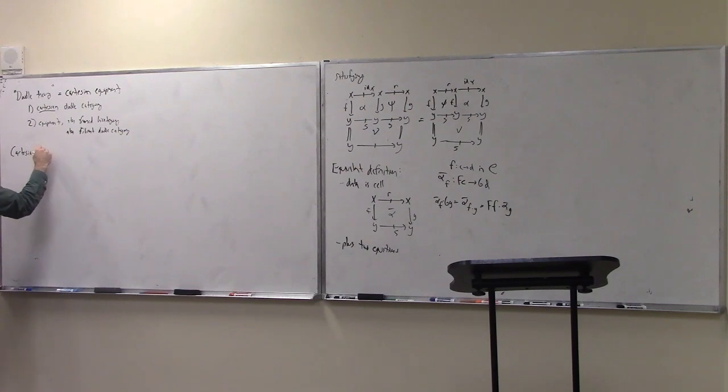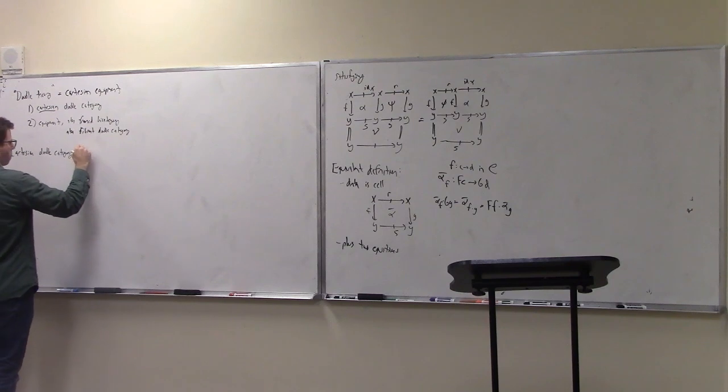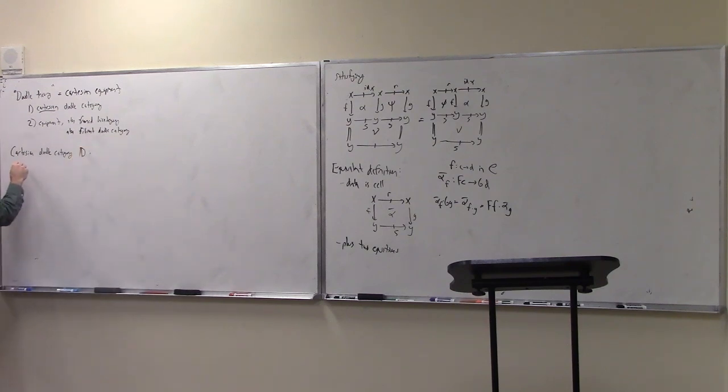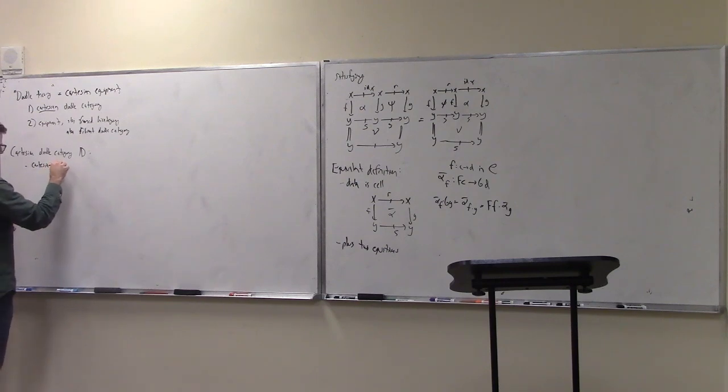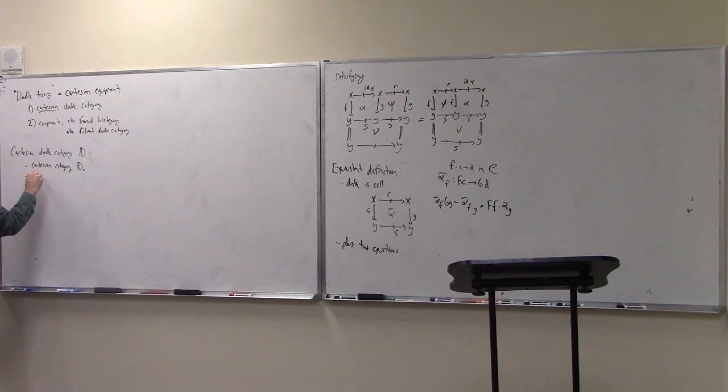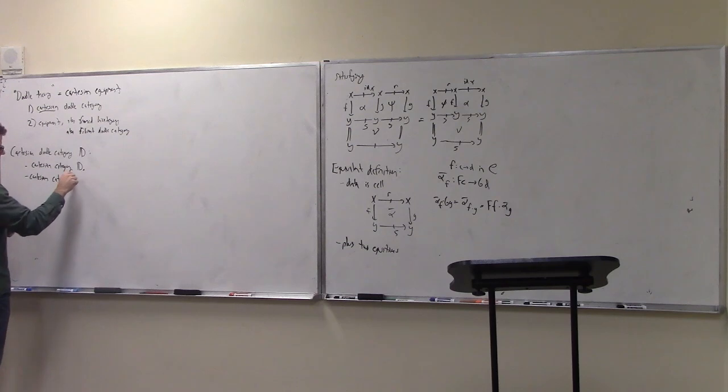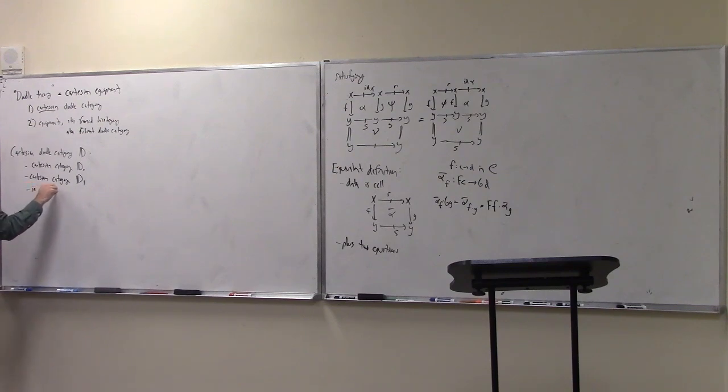A Cartesian double category is, roughly speaking, you have a Cartesian structure on D0, and in other words, both of the underlying categories of this double category are Cartesian. They are so in a compatible way.